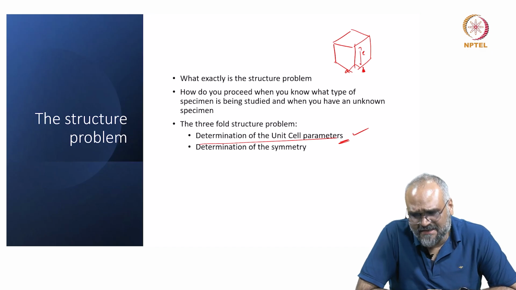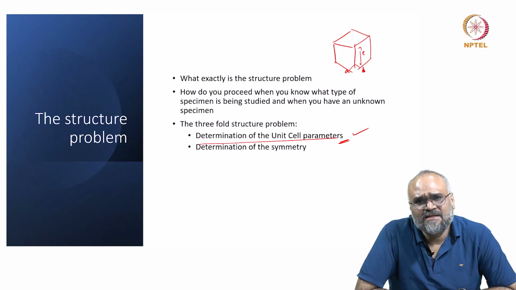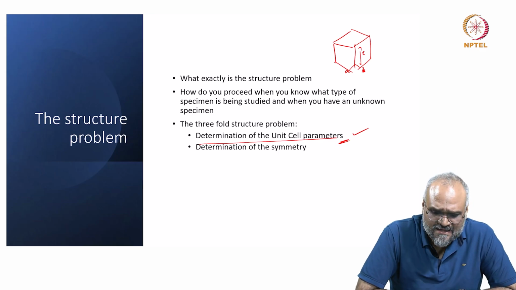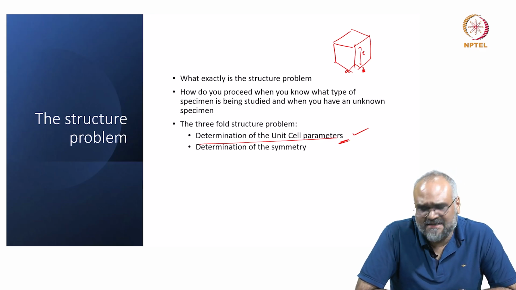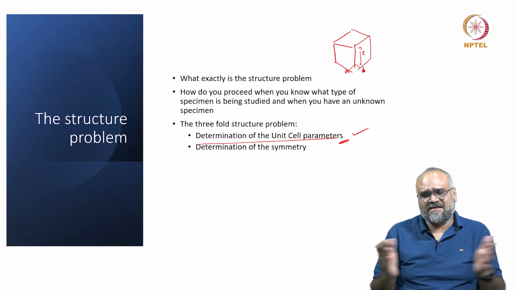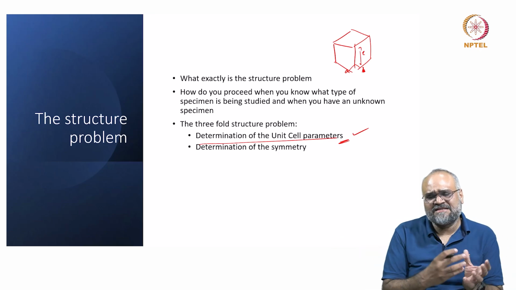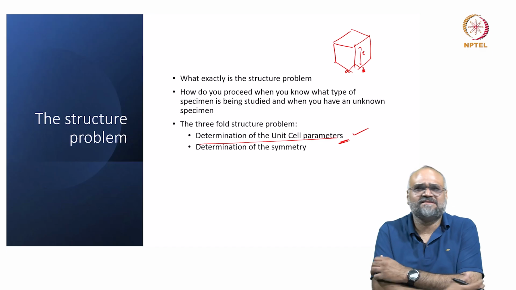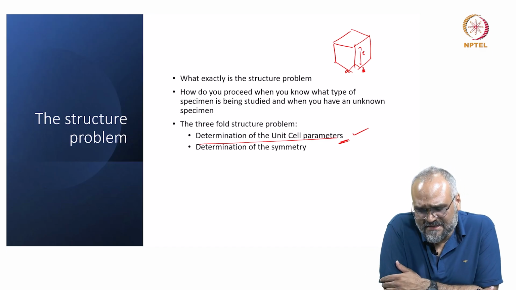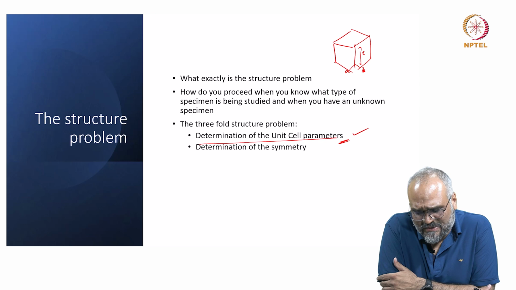So, I can take a particular crystal system, assume that it has a certain symmetry, and simulate the expected X-ray or electron diffraction patterns. I can check if my assumption is correct and if it is matching with the result I get, and iteratively I can converge towards solving the symmetry of a crystal system as well.